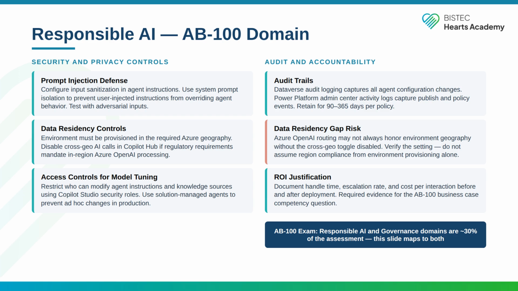Without disabling the toggle, Azure OpenAI routing may process requests in a different region and endpoint regardless of where the environment is provisioned. In financial services and healthcare deployments operating under data sovereignty regulations, both configurations are mandatory and both must be verified, not assumed.